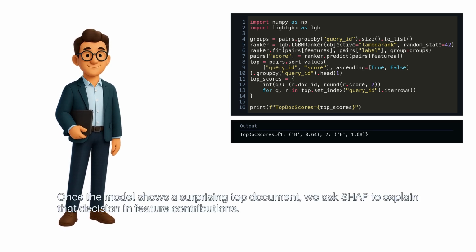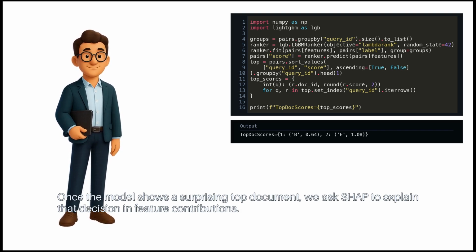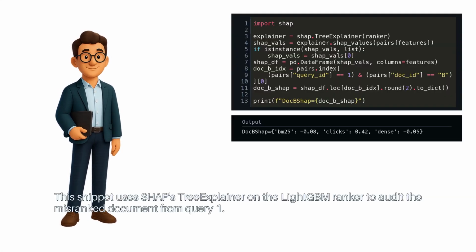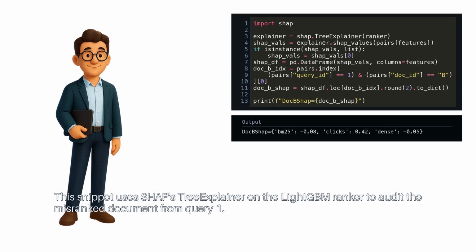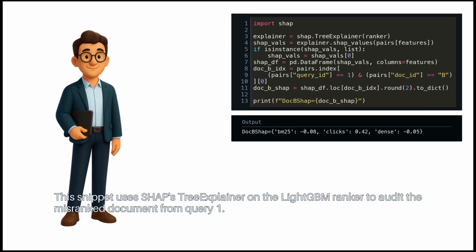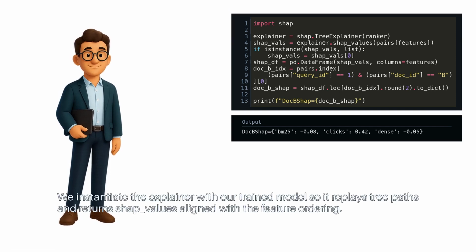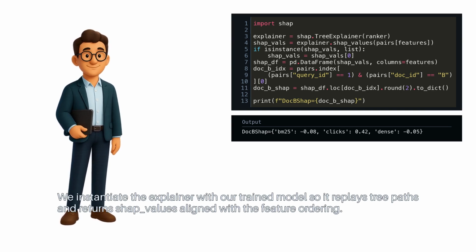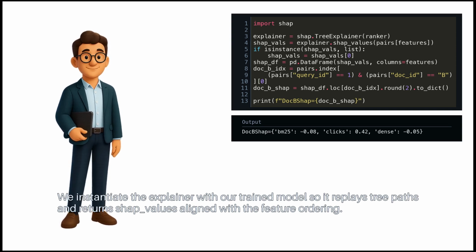Once the model shows a surprising top document, we ask SHAP to explain that decision in feature contributions. This snippet uses SHAP's TreeExplainer on the LightGBMRanker to audit the misranked document from query 1. We instantiate the explainer with our trained model, so it replays tree paths and returns SHAP values aligned with the feature ordering.